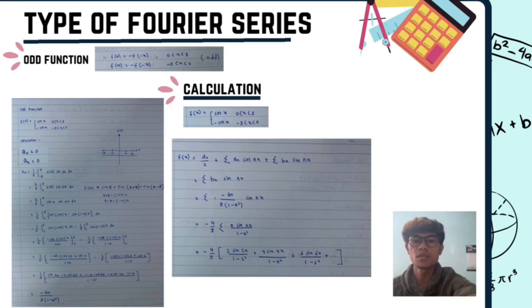And the final answer we get is negative 4n over pi times 1 minus n squared. By substituting the coefficient into the general form of Fourier series, we get the final answer negative 4 over pi times 2 sin 2x over 1 minus 2 squared plus 4 sin 4x over 1 minus 4 squared plus 6 sin 6x over 1 minus 6 squared.